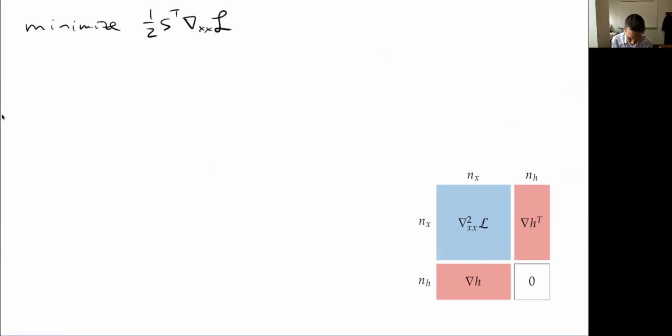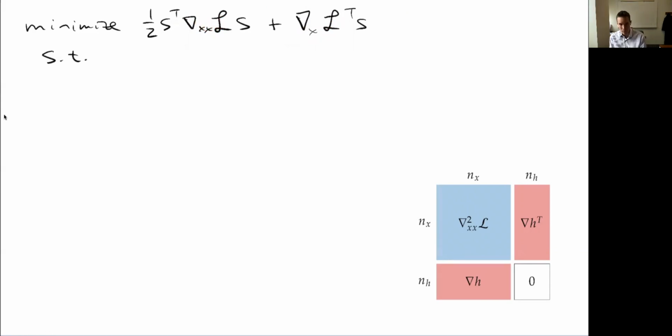So we take the second derivative of the Lagrangian rather than just the objective directly. This is the gradient of the Lagrangian, and this is my quadratic approximation of the Lagrangian. The real Lagrangian is something nonlinear. I don't know what it is necessarily, but I'm just doing the second order Taylor series. And again, the constant term doesn't contribute. So this is formed by the gradients of my objective and constraint and the second derivatives of my objective and constraint.